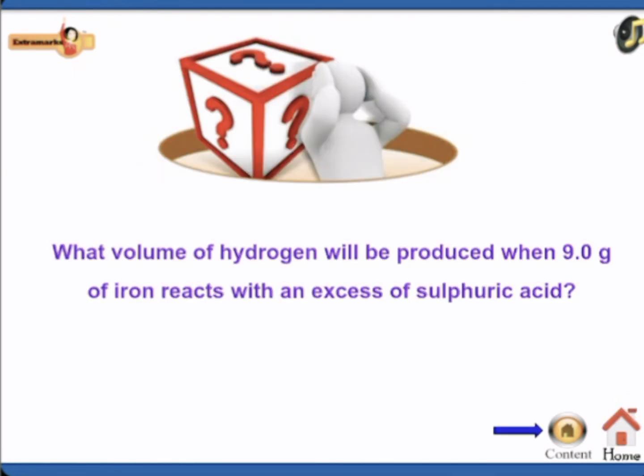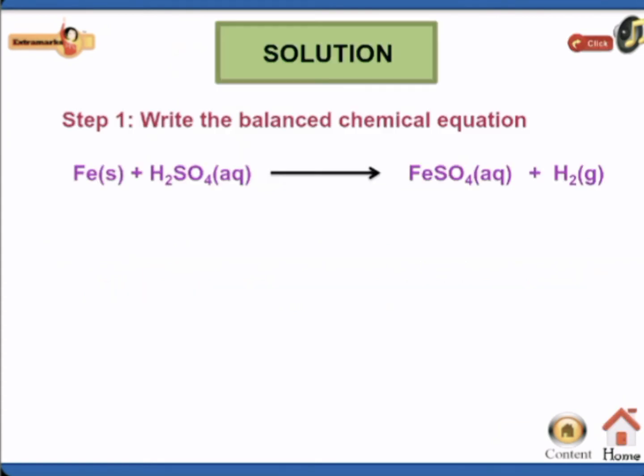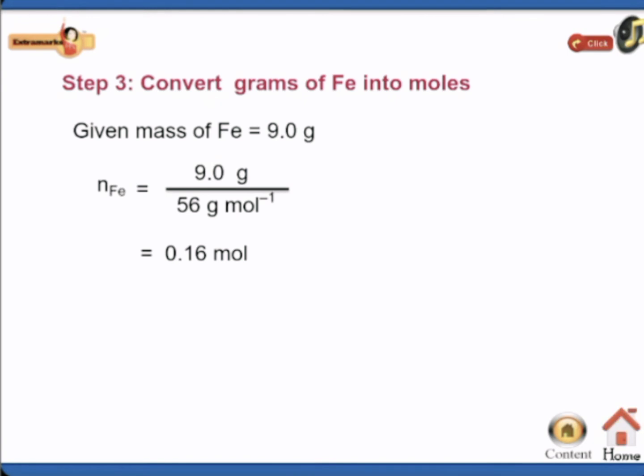Solve a numerical based on mass-volume relation. What volume of hydrogen will be produced when 9 grams of iron reacts with an excess of sulfuric acid? The numerical can be solved by following the given series of steps. Step 1. Write the balanced chemical equation. Step 3.